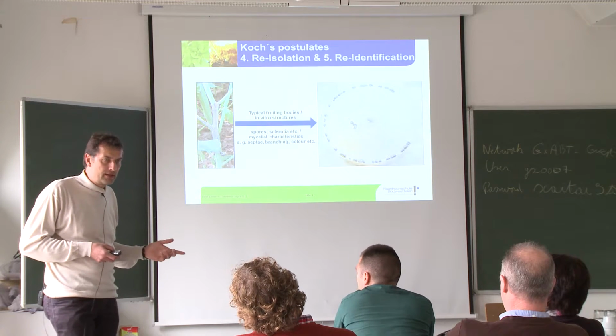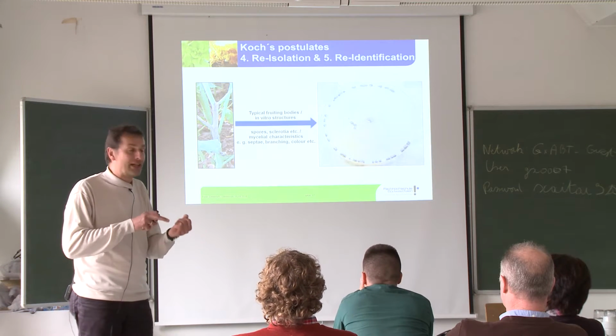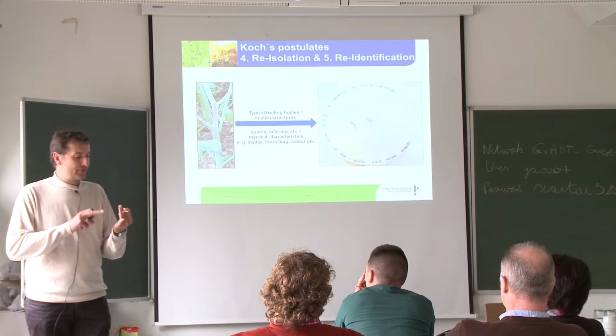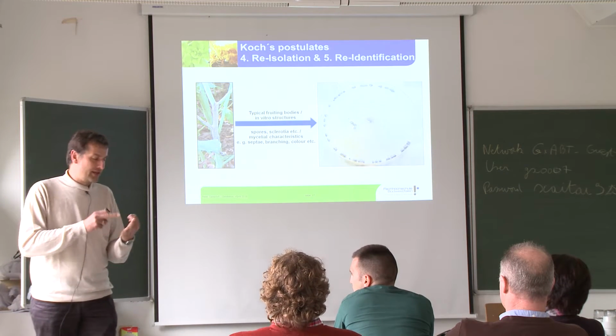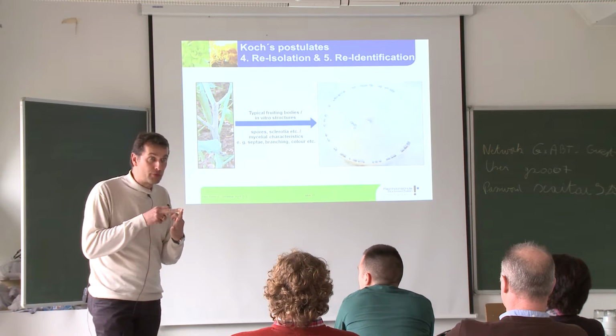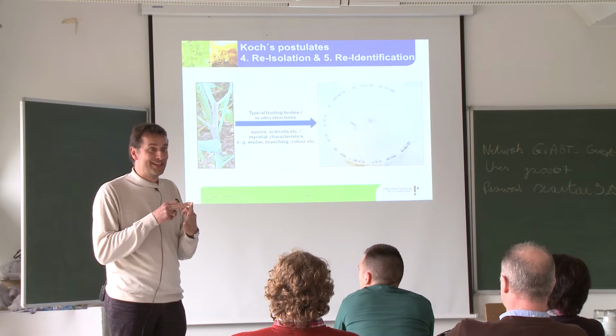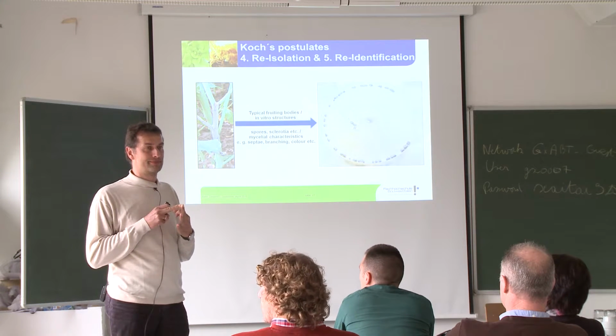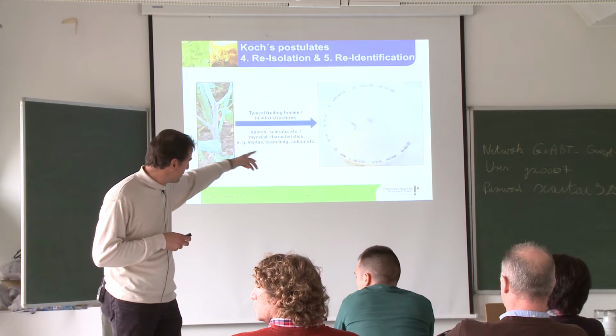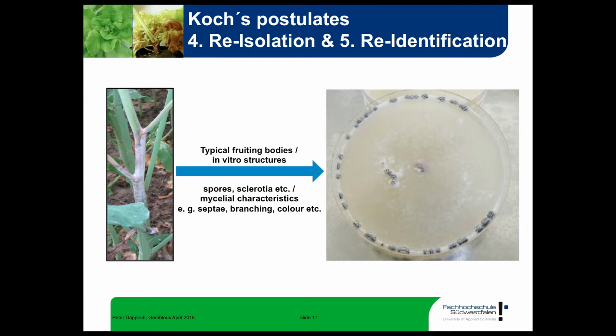And then, if you're lucky, if the cultivar is susceptible, if the weather conditions are correct, if the fungus still is alive on your barley kernels, then you might get an infection. And then you can re-isolate and fulfill with this Koch's postulates.